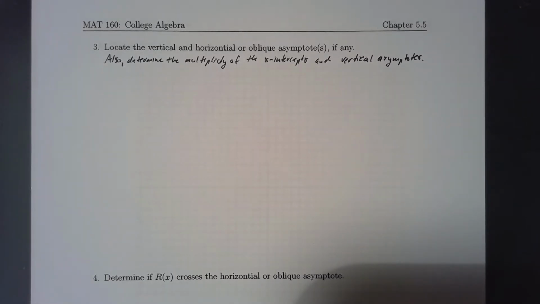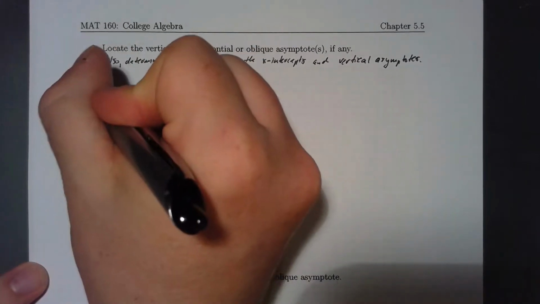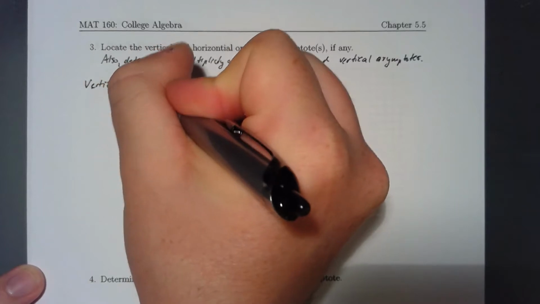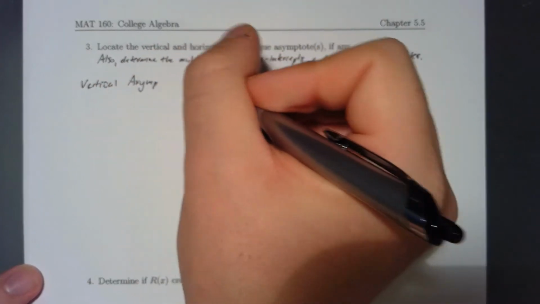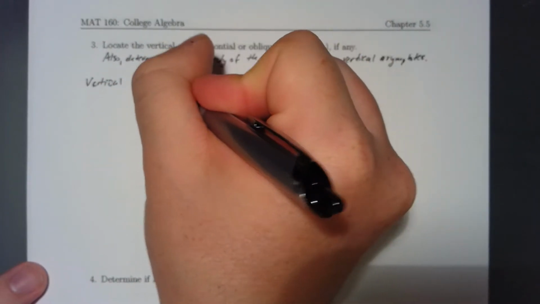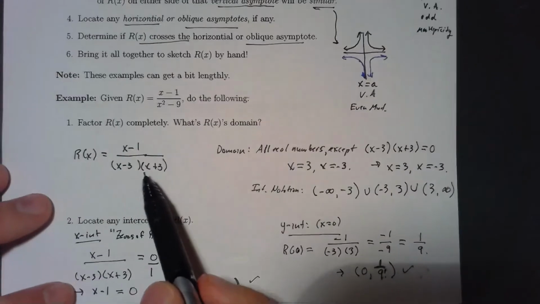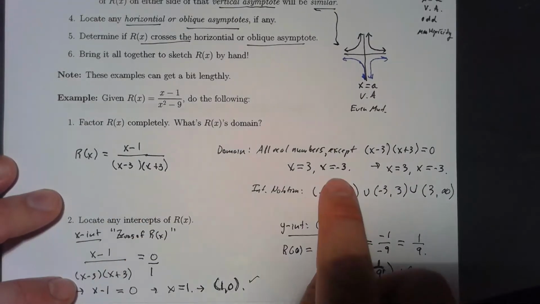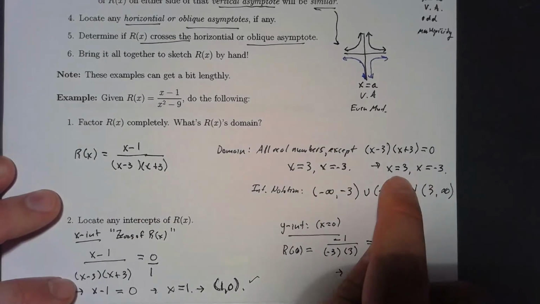Okay, so the vertical asymptotes, in a way we've already done that. The vertical asymptotes are the bad points. If we go back to the first part of problem number 1, the bad points there are -3 and +3.